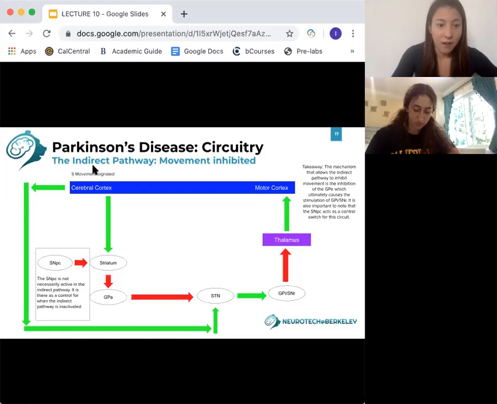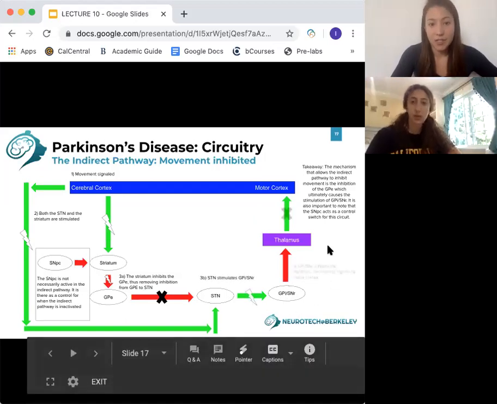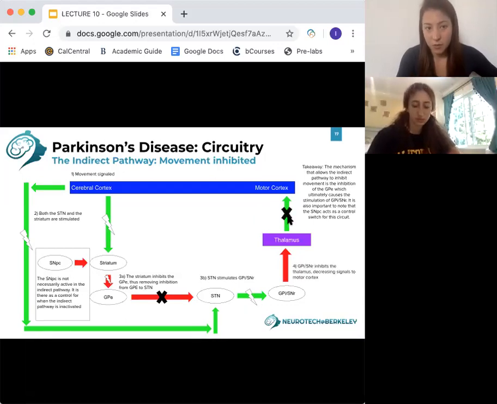So again, we have the movement signaled, right? Both the subthalamic nucleus and the striatum are stimulated, and when the striatum stimulates the globus pallidus external, the signal is inhibited to the subthalamic nucleus, which means the subthalamic nucleus can stimulate the globus pallidus internal, which then inhibits the thalamus and stops movement.